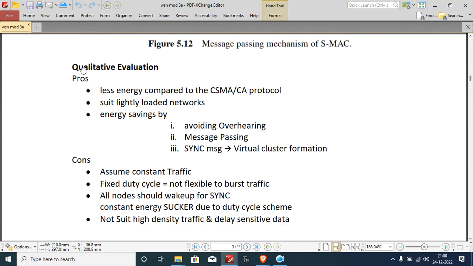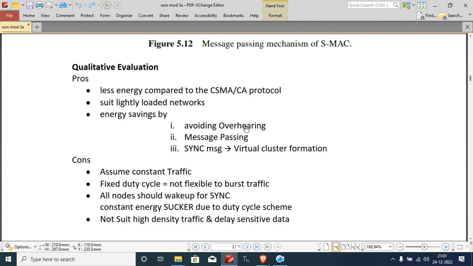And if I were to qualitatively evaluate this, there are some advantages associated with SMAC. It consumes less energy compared to CSMA, the collision avoidance protocol, and it mainly suits lightly loaded networks where there are fewer nodes as well as less data. The third one is energy savings, and in order to do this we make use of all these concepts in SMAC.